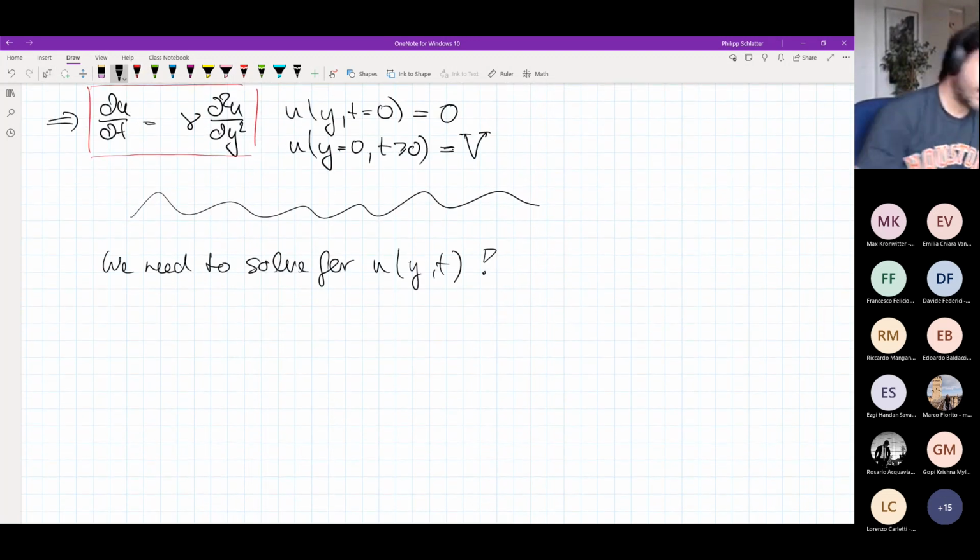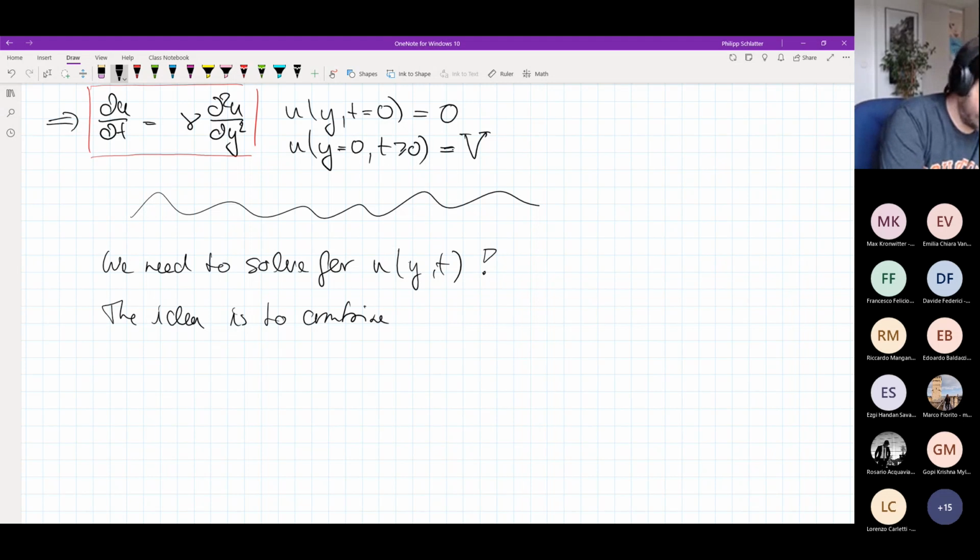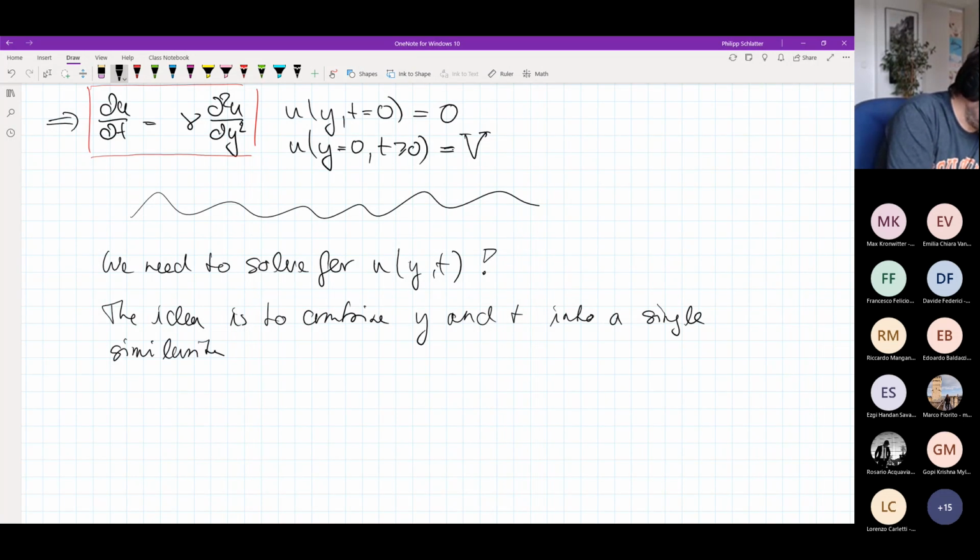So the idea how to solve this problem, I'll just write it down, is to combine the two independent variables y and t into a single variable, and this is called a similarity variable.